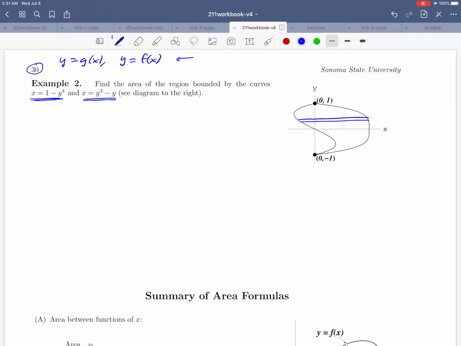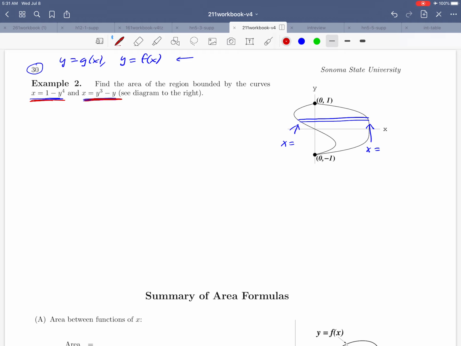Now to measure the area of a rectangle like that, what we need to know is how wide it is, and that means finding the x-coordinate on the left and the right-hand side of it. Conveniently, those two x-coordinates are given by just the two formulas that they gave us. The only question is, which of these two curves is on which side? That's the one thing that we have to figure out.